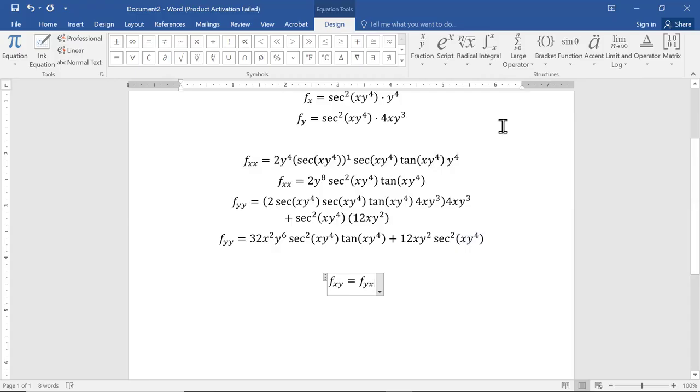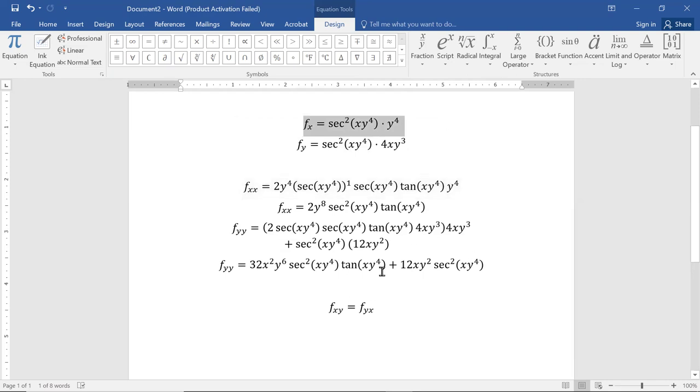So if I see one that's a little bit easier to do than the other, I might choose that one. Both of these are going to be kind of difficult. So I think what I'll do is I'll just take my f sub x right there, and I'll take the derivative of that with respect to y.